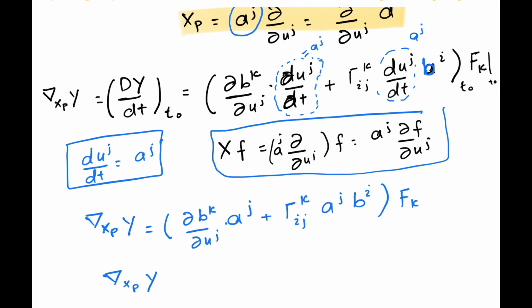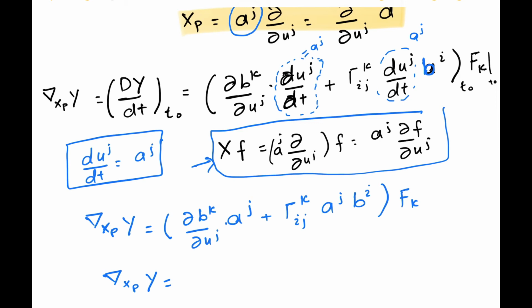So del xp y will become, following this notation, ai partial aj partial uj f, I can write it as xf.